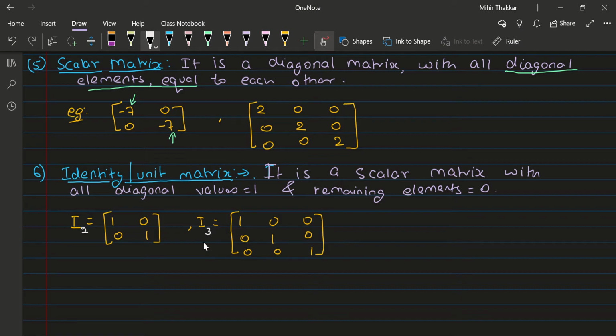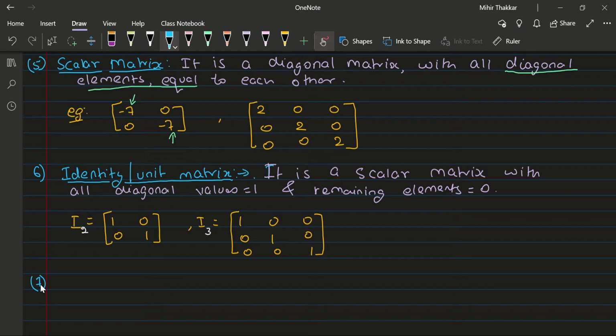I represents identity matrix. I2 represents identity matrix of 2 by 2 order. I3 represents identity matrix of 3 by 3 order. I hope that this is a very clear point. It's a very basic thing, guys.